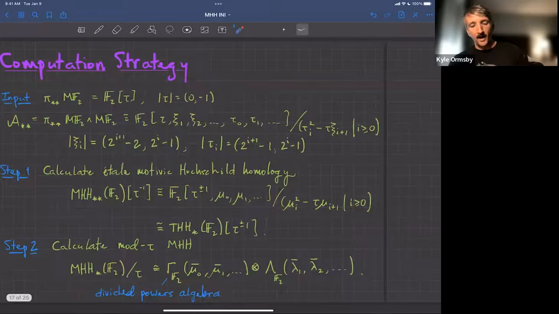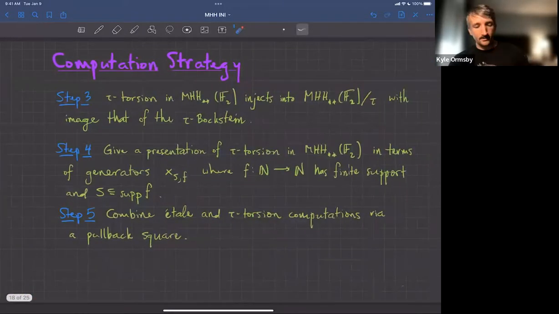Steps 3 through 5, I'll mention here, but not go into detail in the talk. We show that the tau torsion piece there, that divided powers tensor exterior piece, accepts the tau torsion in here as an injective image. And that image is exactly that of the tau Bockstein.